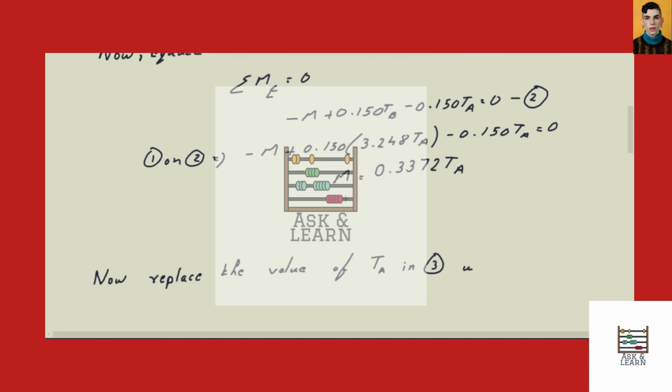So TA will be equal to M divided by 0.3372, that is 2.965 times M. Let's name this equation number 3.